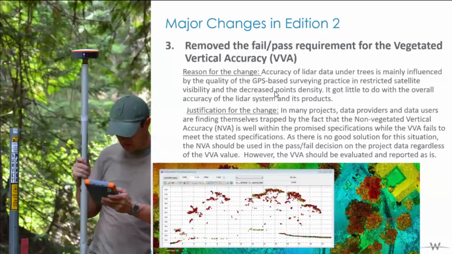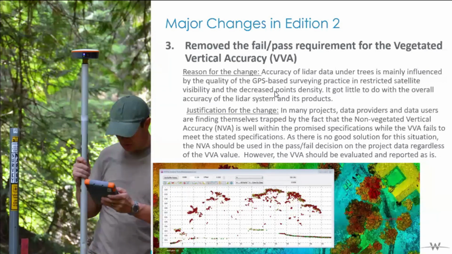And that caused a problem in the industry, whether for USGS or for their contractors, because we have 3 excellent brand manufacturers with great quality LiDAR. You find for the project on open ground, the NVA meets the specification of the project, and sometimes it fails in the vegetation. Then what you do, whether you are USGS or the contractor, you go and refly the county or the state because it failed under trees. So it caused a problem.